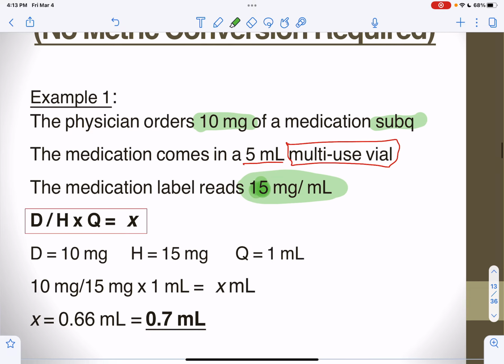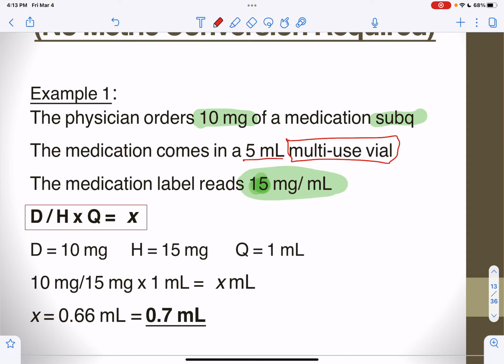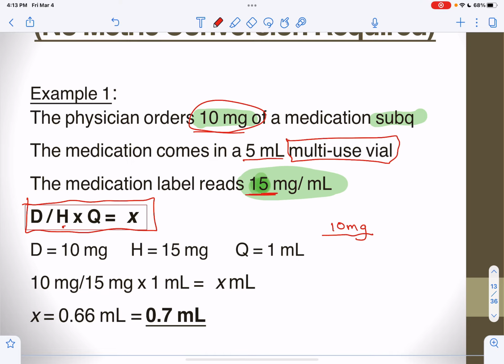So if we set it up with our conversion formula here, the dose ordered is 10 milligrams, okay? Now we're going to put that over what we have on hand, and that is 15 milligrams.